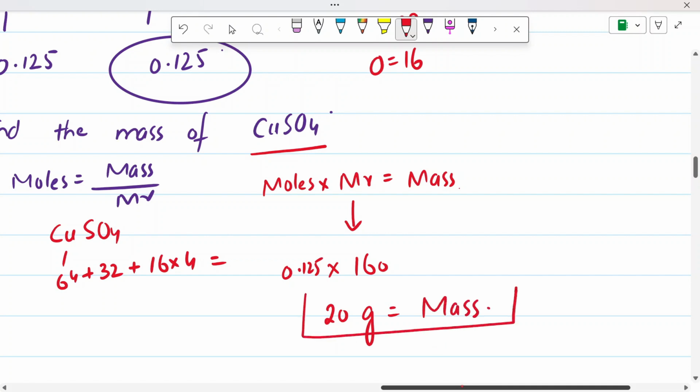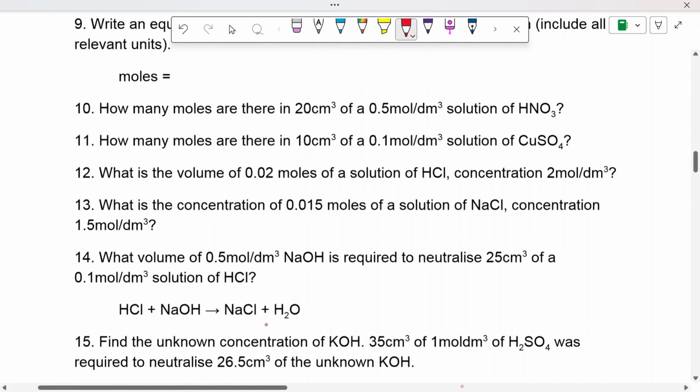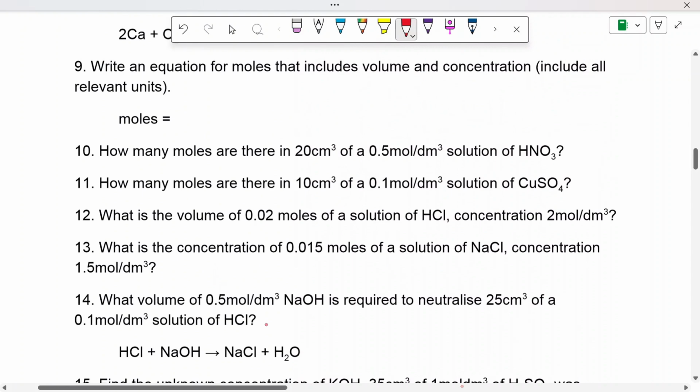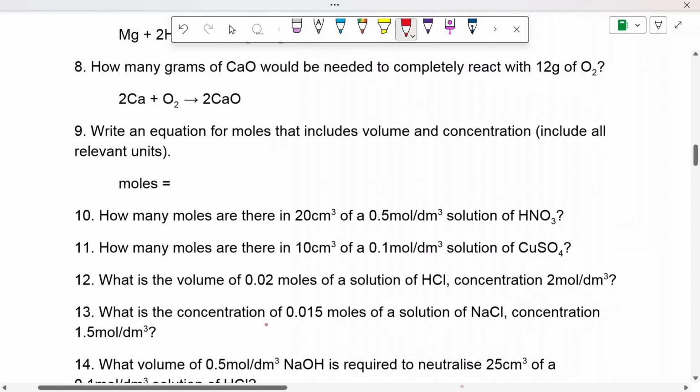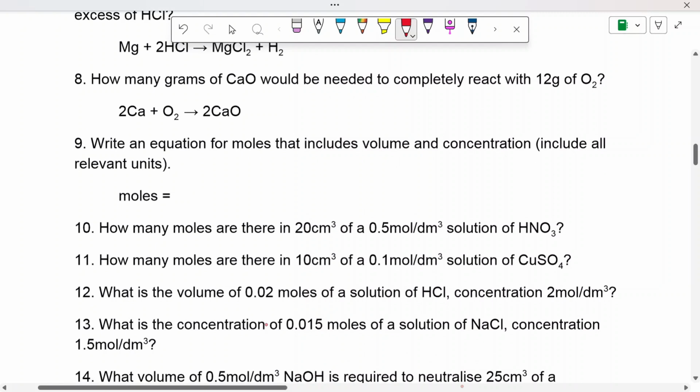A quick reinforcement of what we did in the previous classes. In some cases, the examiner may give you multiple questions from different relations, from different concepts. Now let's try this question. Question number 10: How many moles are there in 20 centimeter cubed of a 0.5 mole per decimeter cubed solution of HNO3, nitric acid?